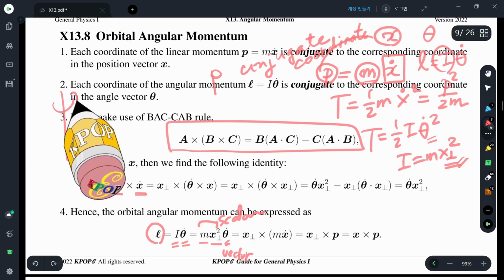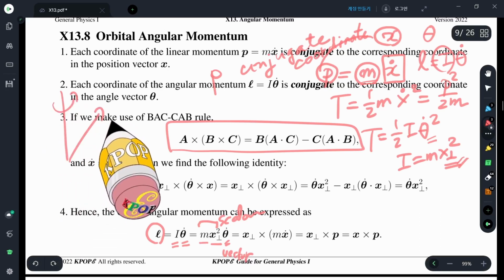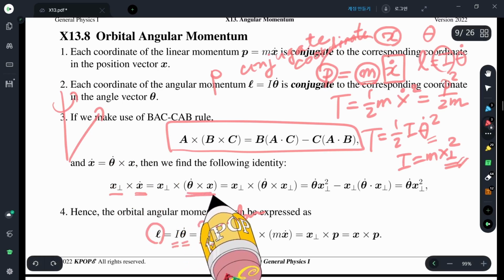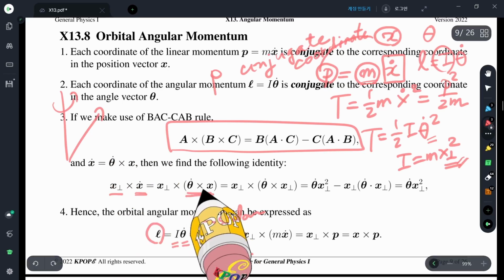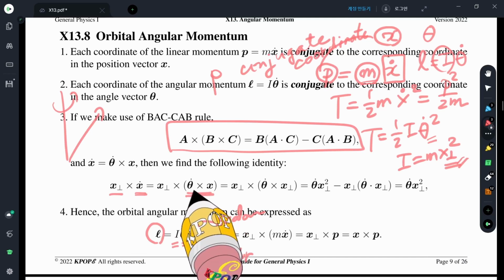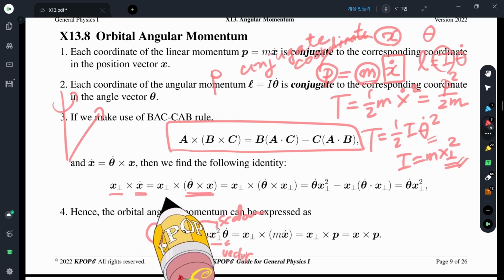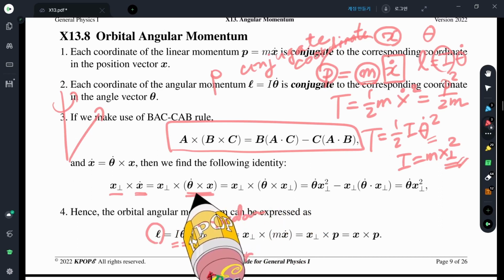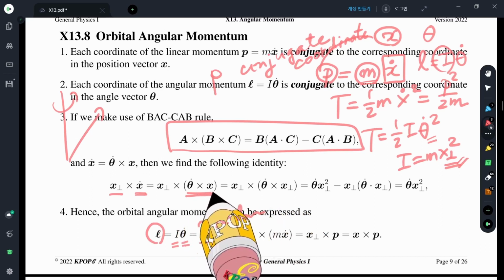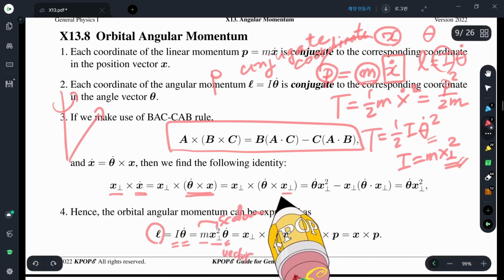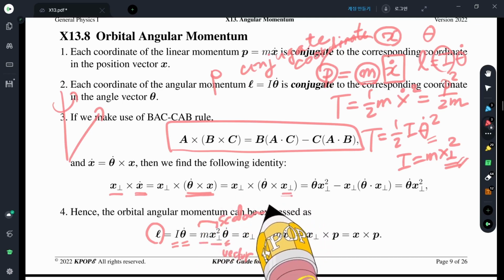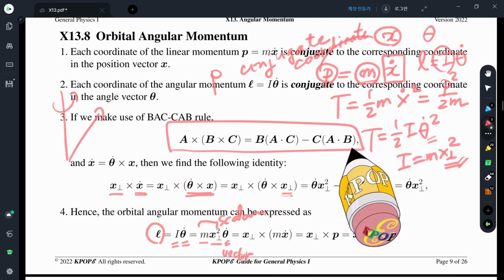For a rotation, x dot is the velocity, omega cross x. If we replace x with the lever arm vector, let me substitute the lever arm vector in here and apply the BAC-CAB rule.